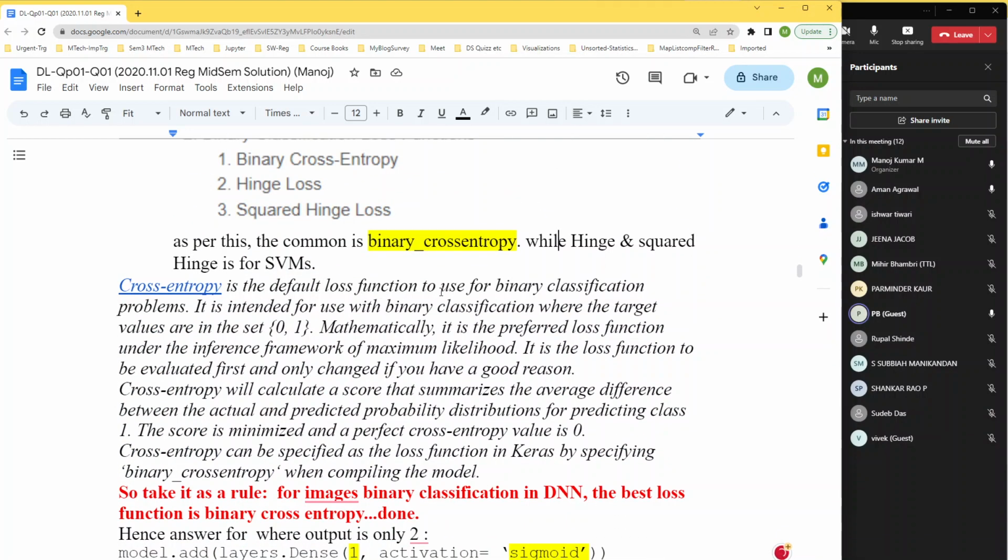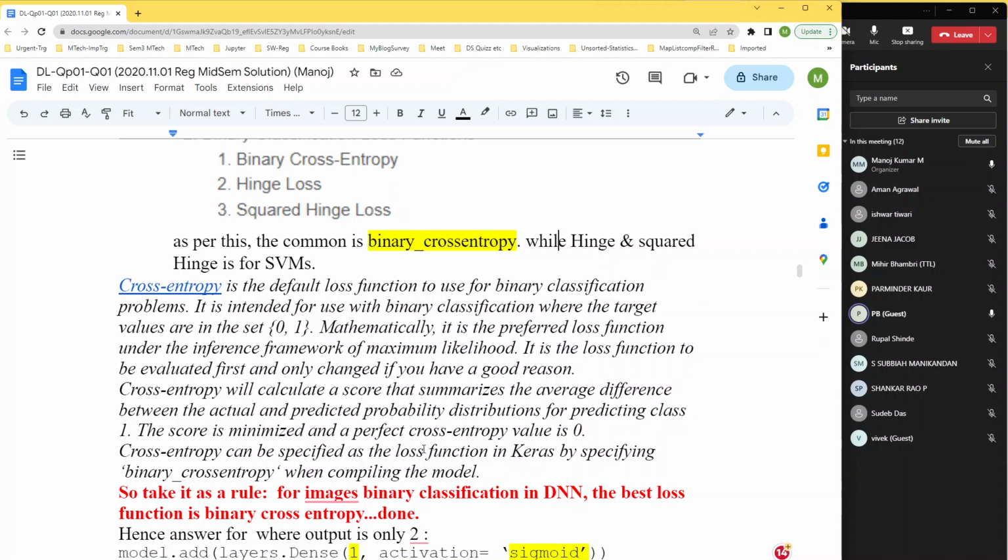It is the default loss function to use for binary classification problems. It is intended for use with binary classification where the target values are 0 and 1. Mathematically, it is the preferred loss function under the inference framework of maximum likelihood. It is a loss function to be evaluated first and only changed if you have a good reason. Cross entropy will calculate a score that summarizes the average difference between the actual and predicted probability distributions for predicting class 1.